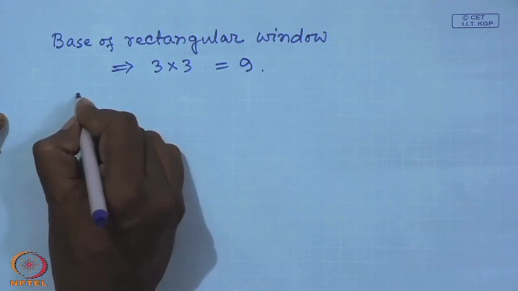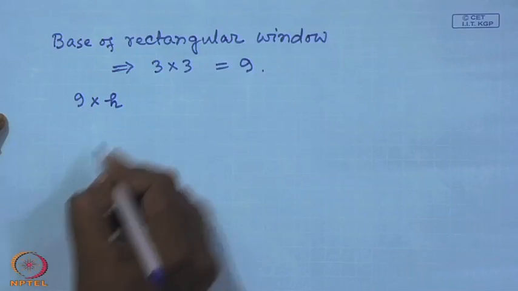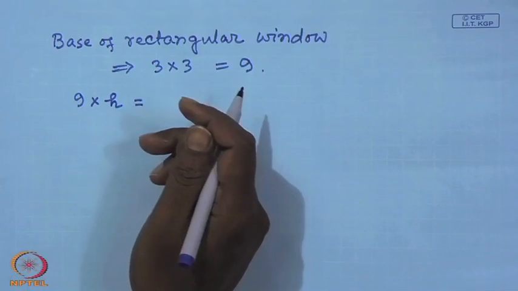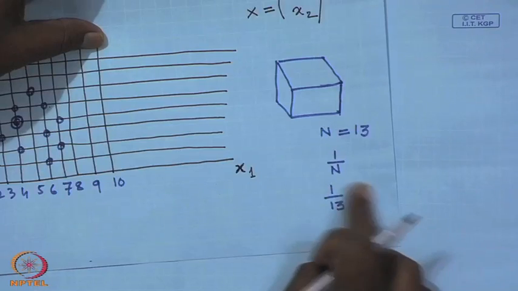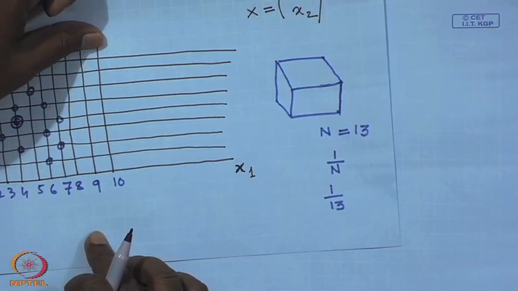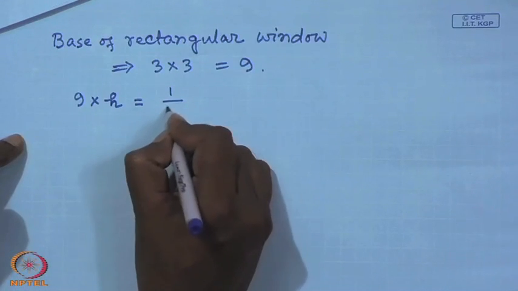So, I have 9 into height of the box, that has to be equal to the volume of the box, and this volume we have computed to be 1 upon 13, because we had total 13 samples. So, I have 9 into h is equal to 1 upon 13.